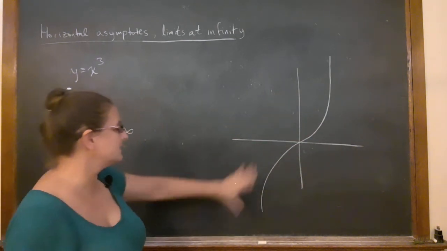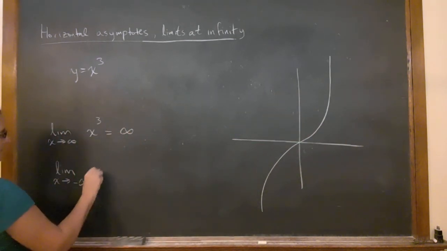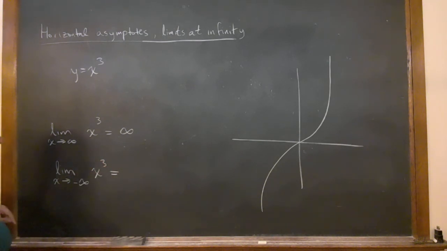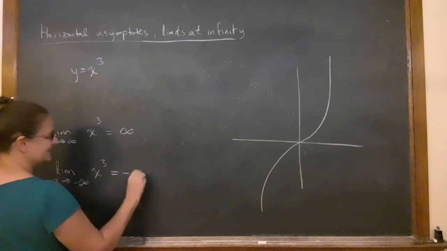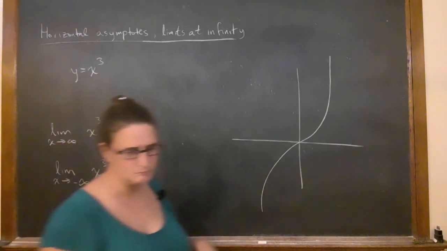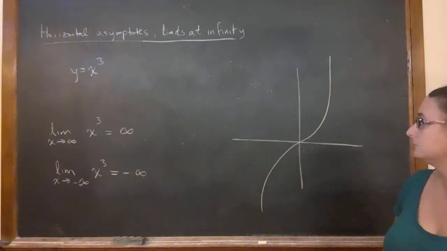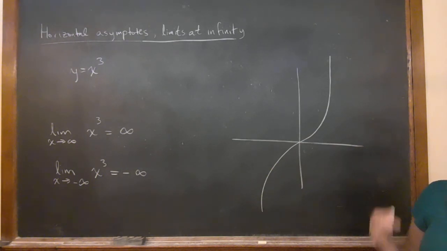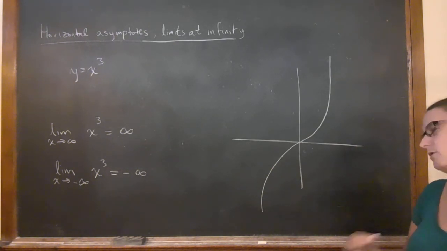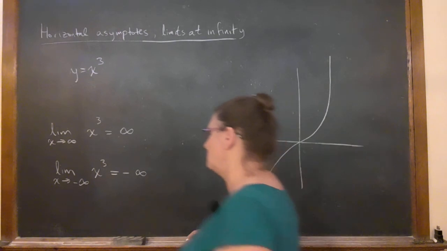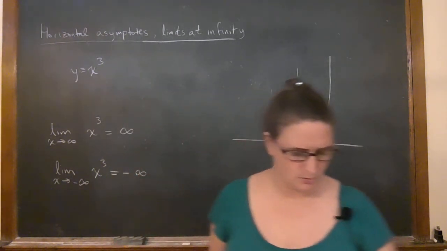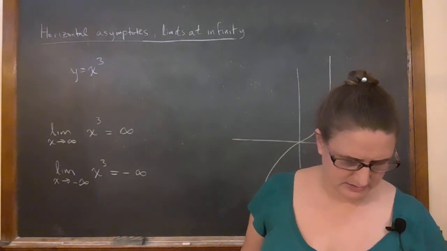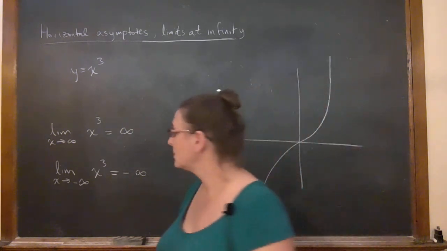And on the left-hand side, it goes without bound and negative, so it goes to negative infinity. And we can write down an intuitive definition for the limit for all these cases like we did before. I don't know that I necessarily have to do that.